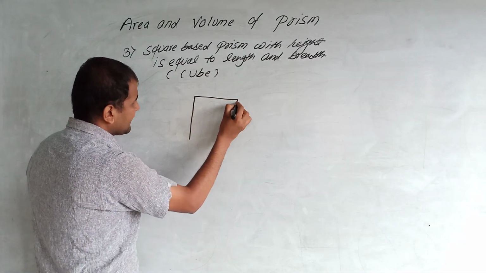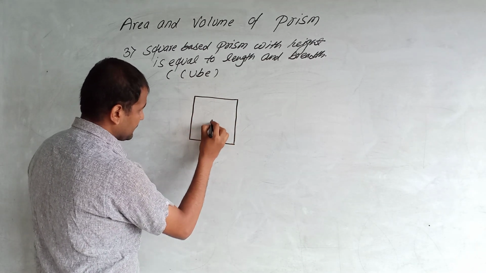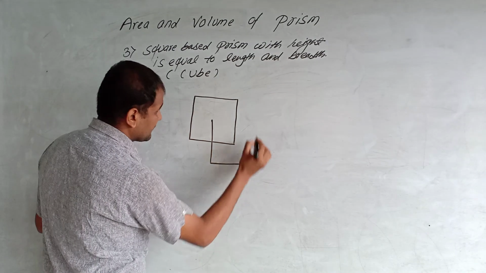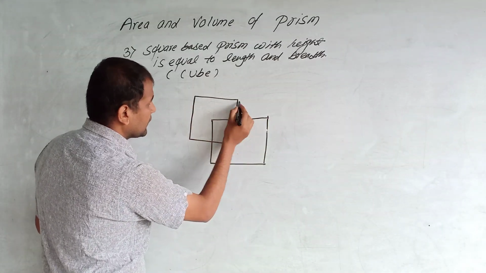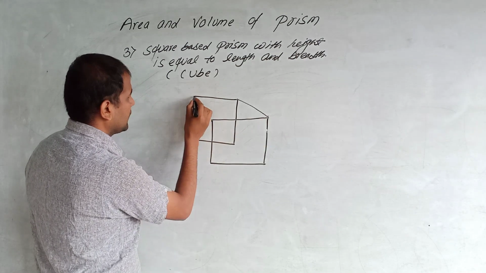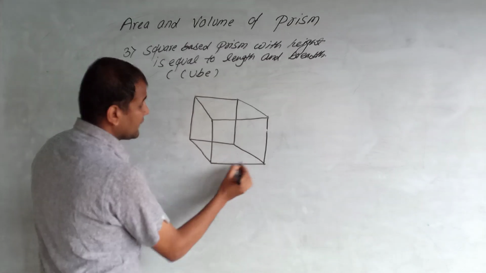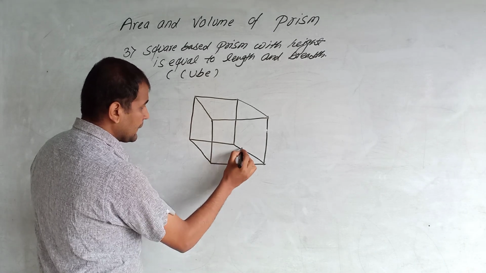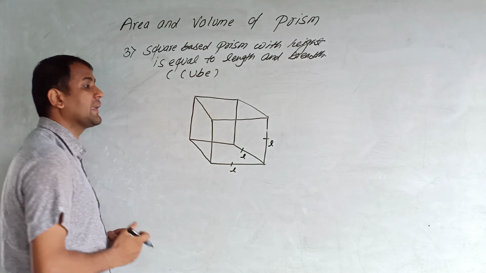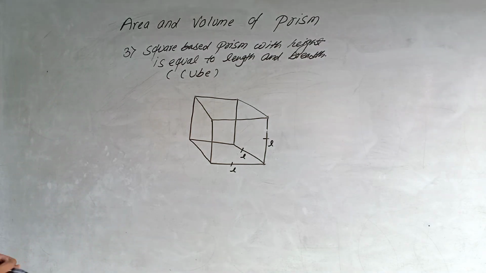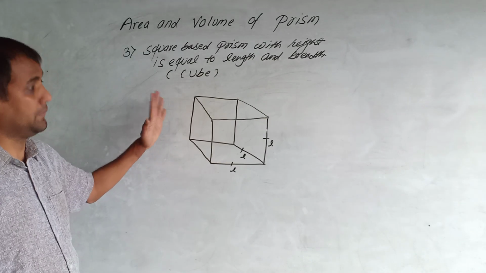If this is a cube, where this length, breadth and height are equal, this type of geometrical figure is said to be cube.